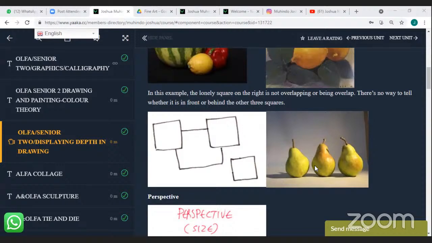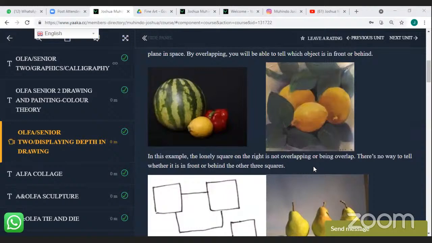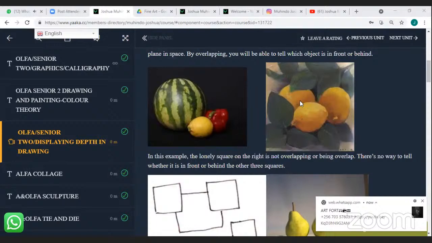You may be studying something, but more to it, when you talk about composition and creating depth, realize that objects overlap each other. For example, this leaf is ahead of those. These are like oranges, and some oranges are in front and some are behind.